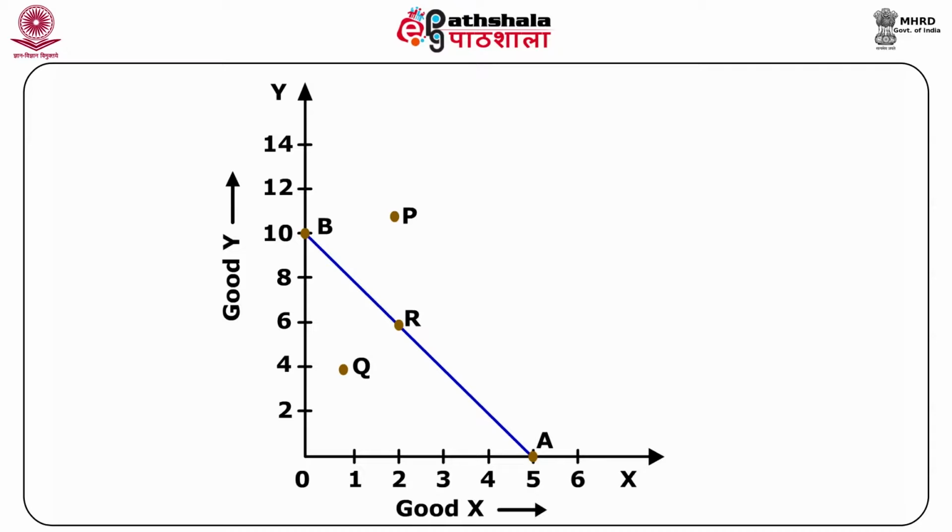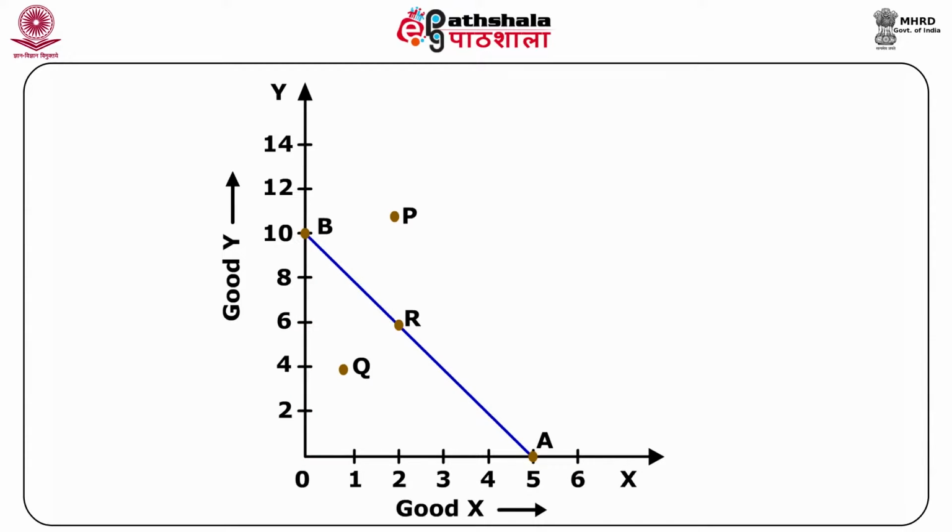In this situation, the consumer can buy 5 units, that is OA, of commodity X if he spends his entire income on commodity X. On the other hand, if the consumer spends all his income on good Y, he can purchase 10 units, that is OB of Y.